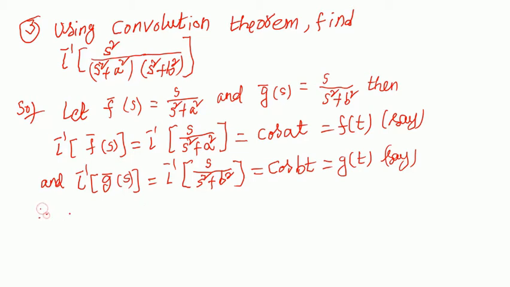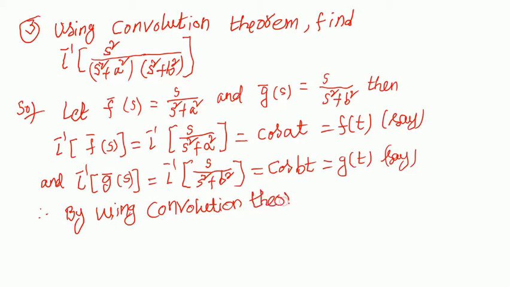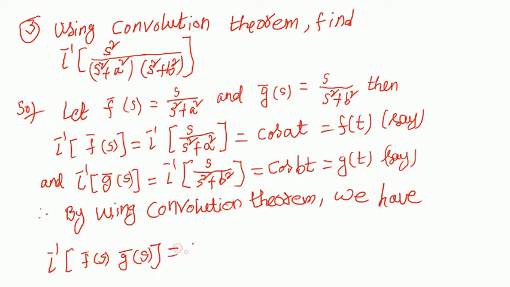Therefore, by using convolution theorem, we have L inverse of f bar of s into g bar of s is equal to integral 0 to t f of u into g of t minus u into du.